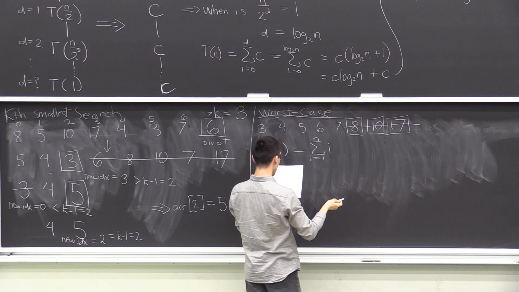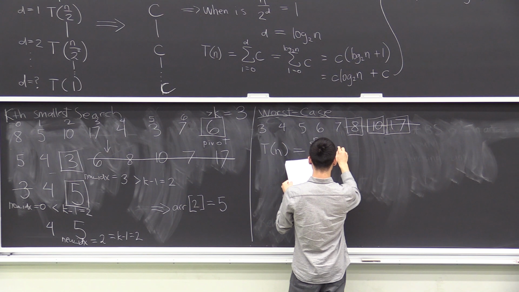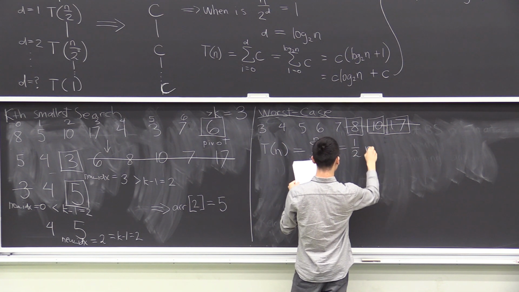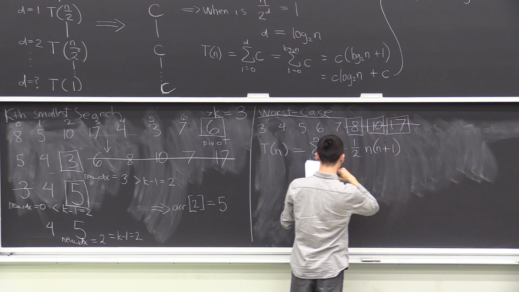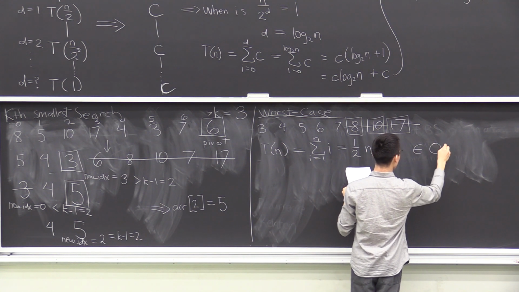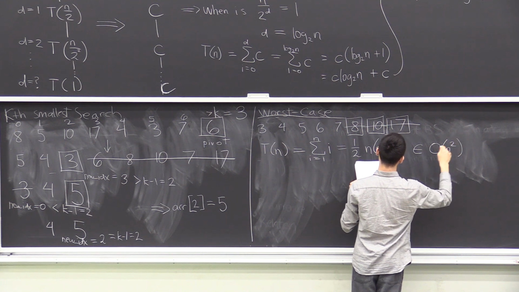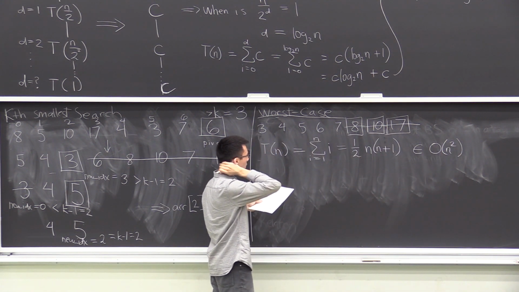And if you add all of that up, you should get half of n times n plus 1, which is O of n squared. Okay?